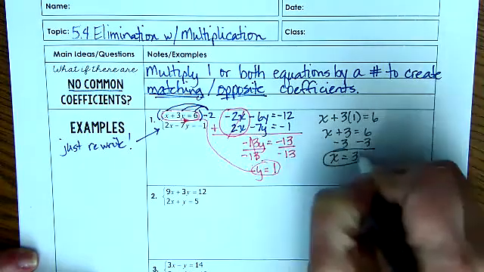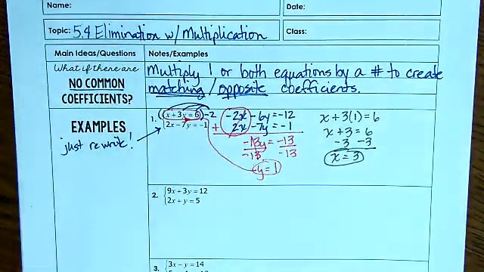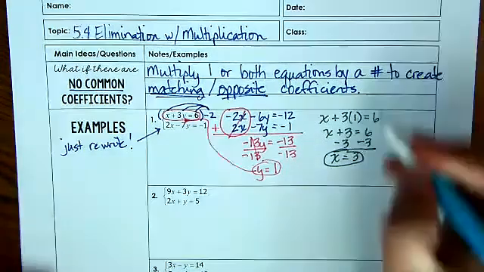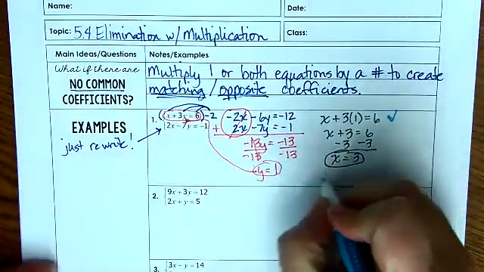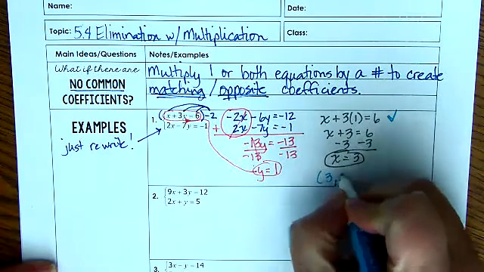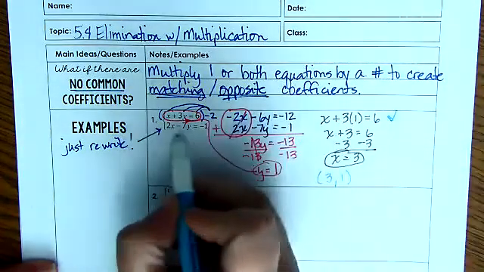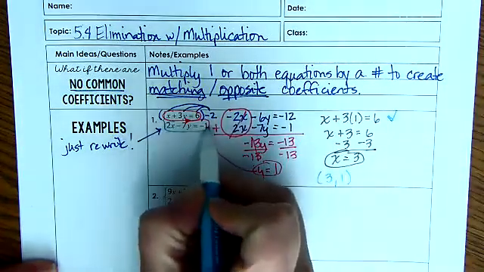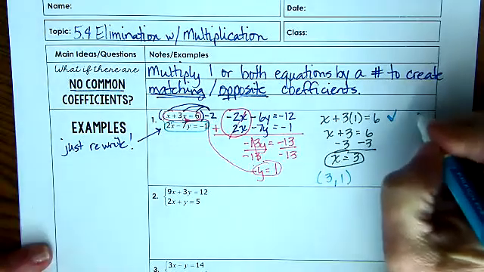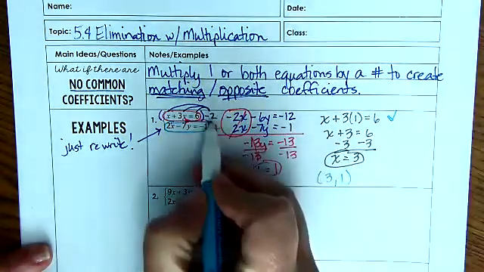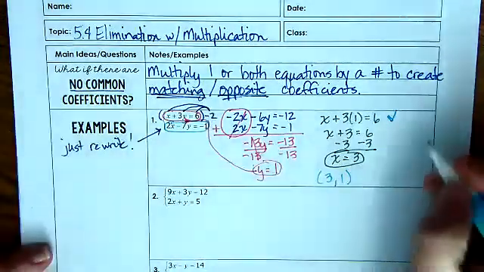So now I have my x and my y. Now I've got to check to make sure that it's correct. So I'm going to take what I think is the ordered pair, 3, 1, and plug it into the unused equation, just like we did in the first eliminations. The only thing we've added is having to multiply by this number. Otherwise, we're working it the same way.